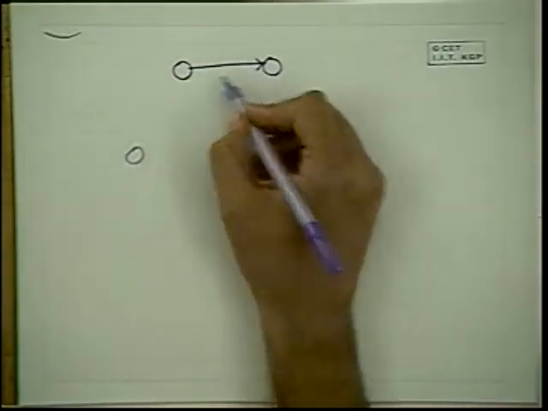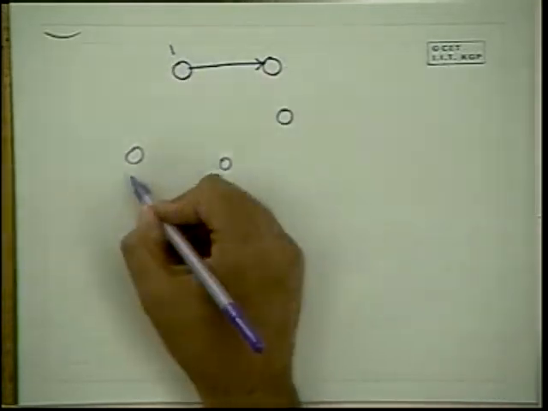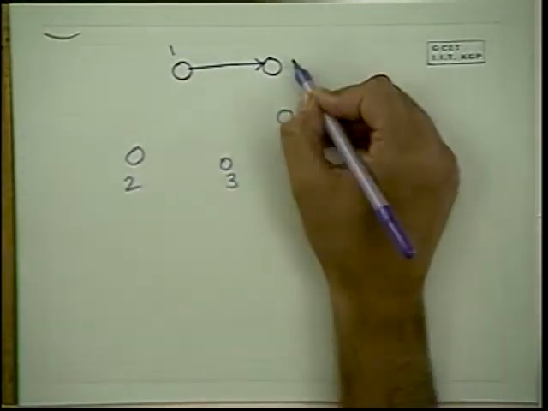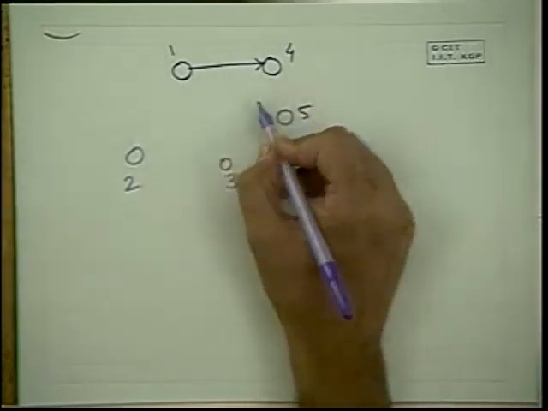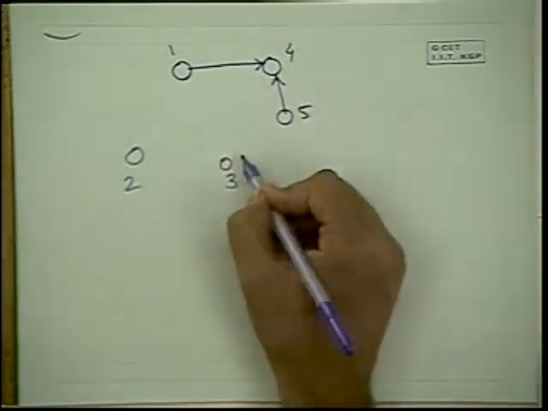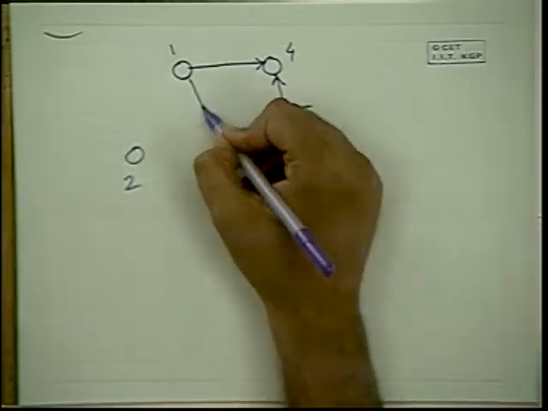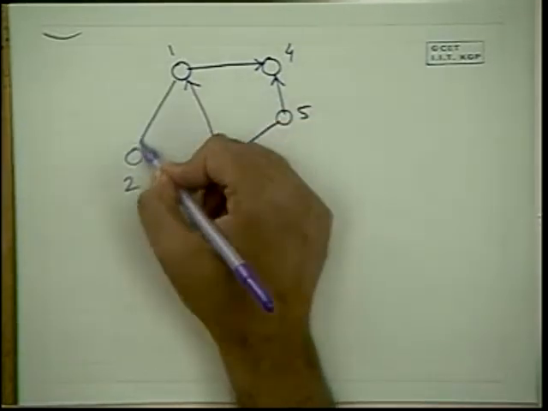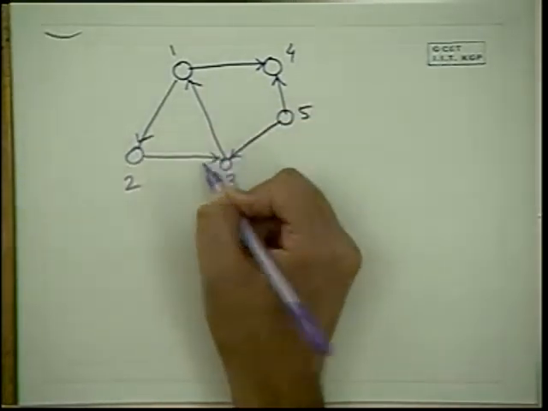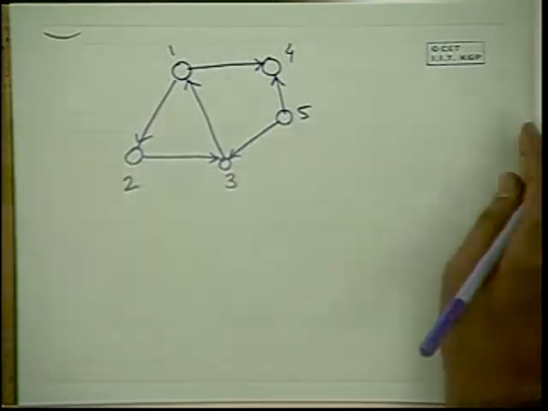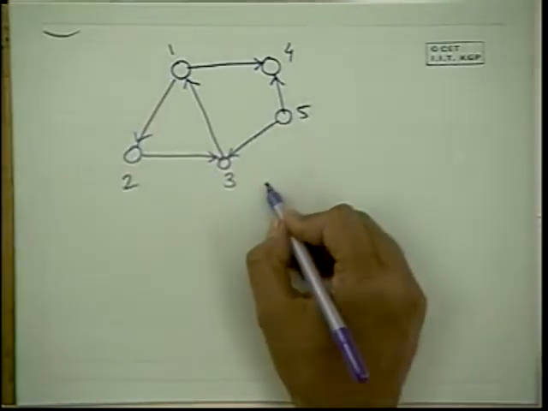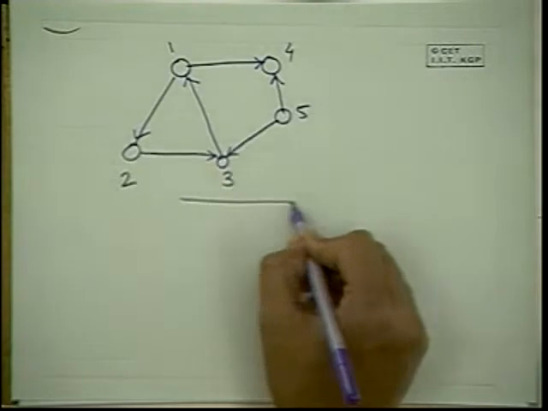Let me draw this graph again. I have 1, 2, 3, 4, 5. Suppose this is the graph. We are trying to get a transitive closure. First of all, let us see what is the D matrix for this graph.